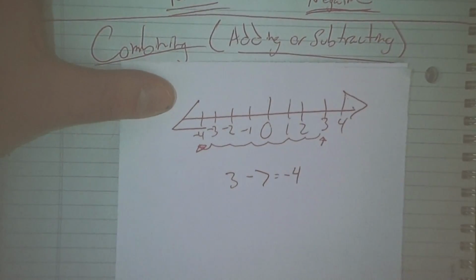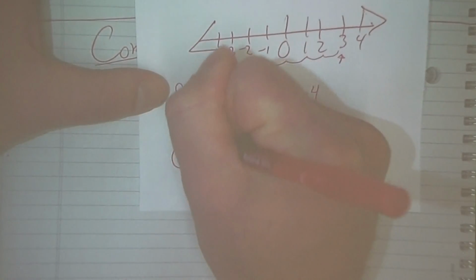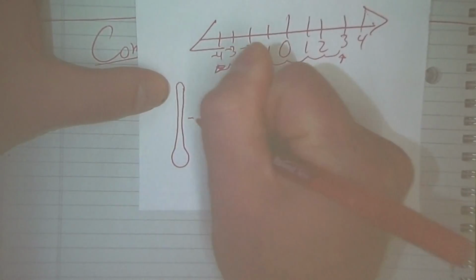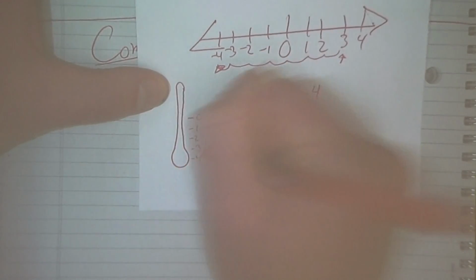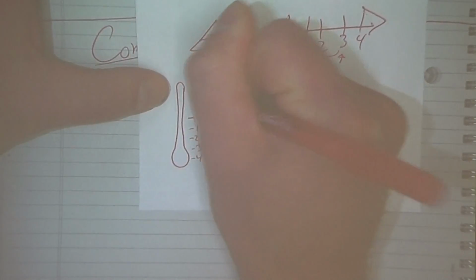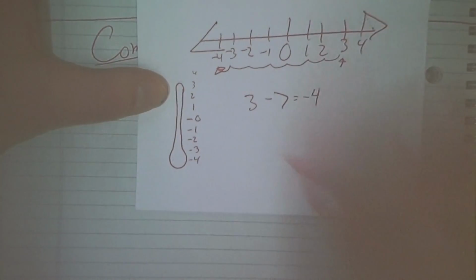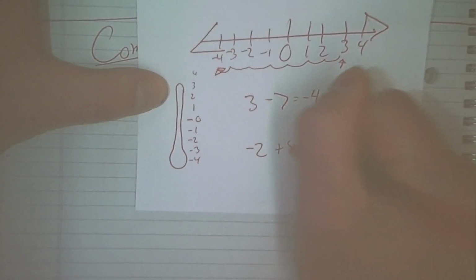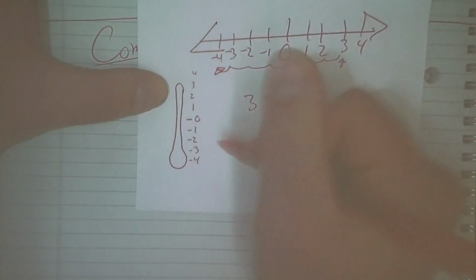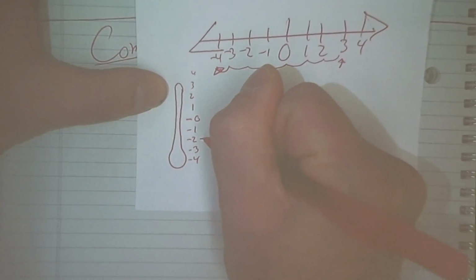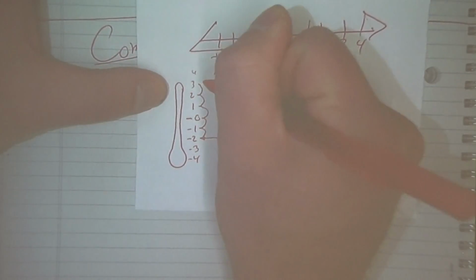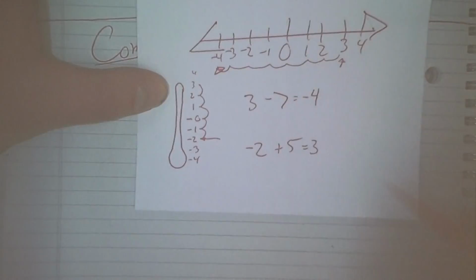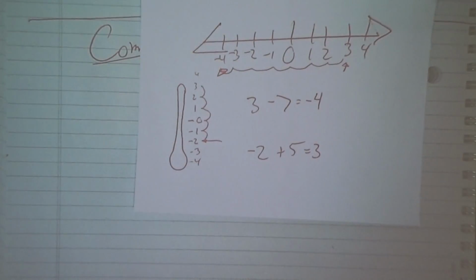You can also draw a thermometer: 0, -1, -2, -3, -4, 1, 2, 3, 4. Negative 2 plus 5 starts at negative 2, plus 1, 2, 3, 4, 5, and that equals 3. Those are visual ways to do this.